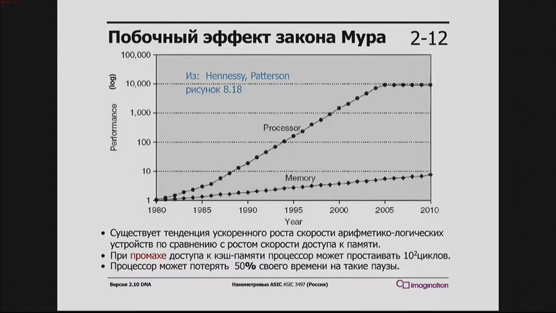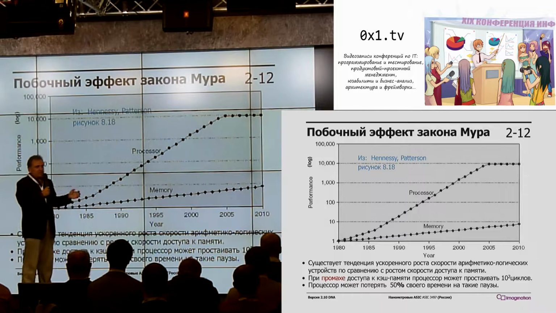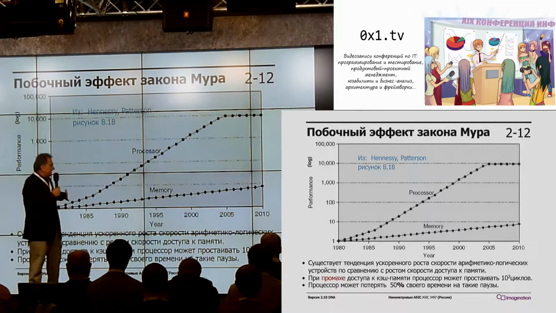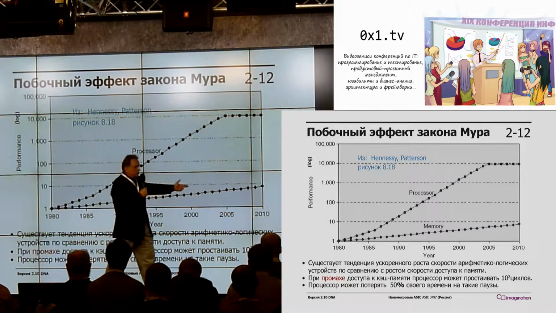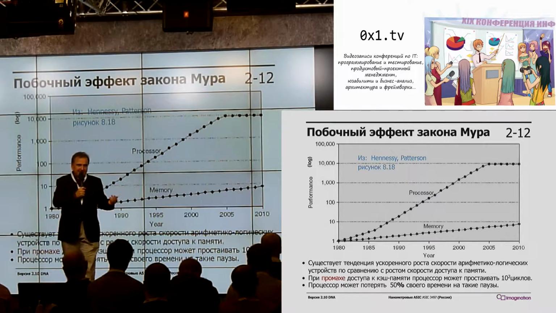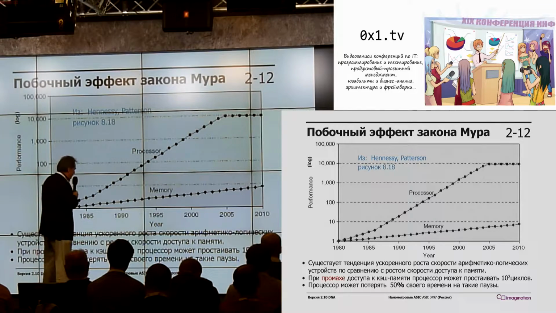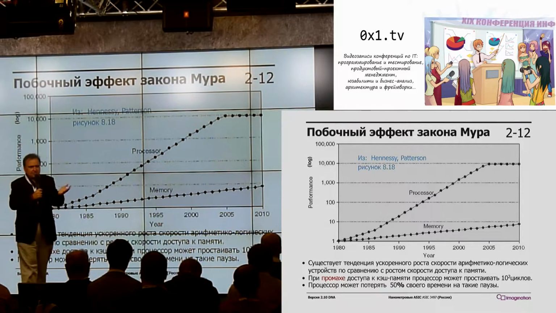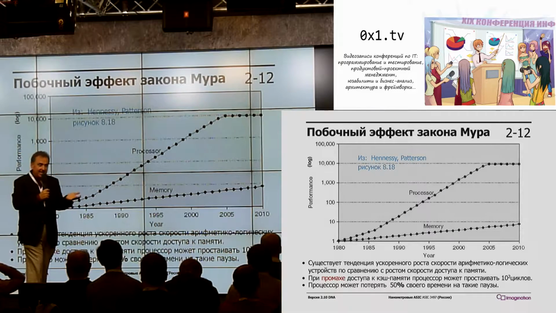Why do we need that? It will address a very interesting purpose. It will serve a purpose. So the speed of arithmetic operations was growing much faster than the memory access speed. Even having cache, you can imagine, in the early 80s, the processors on the first PC didn't even have the cache.